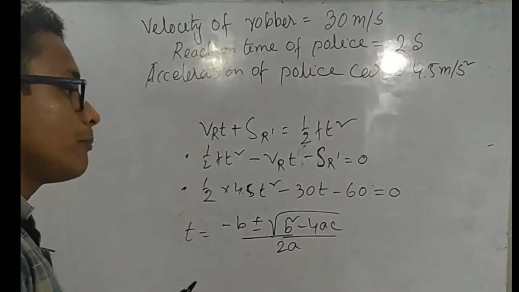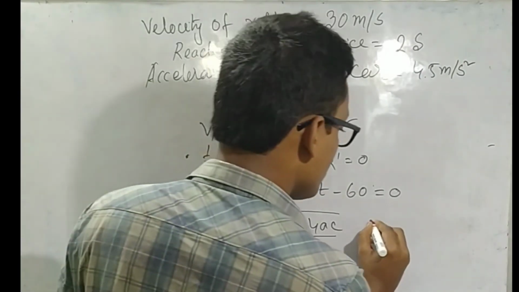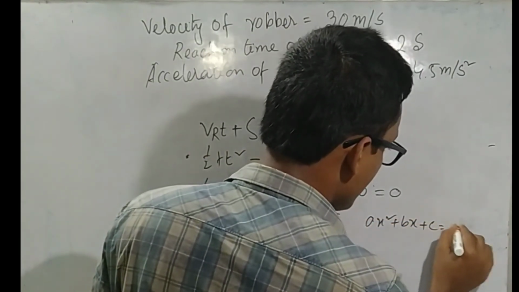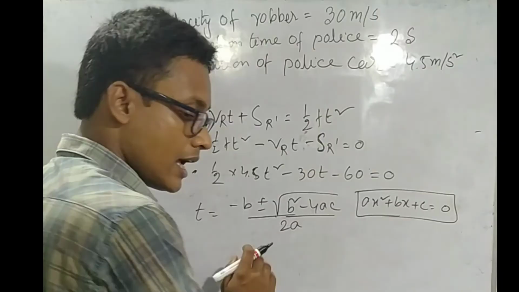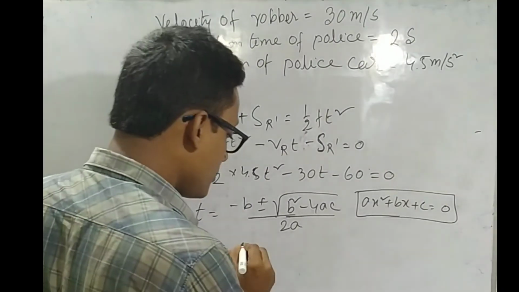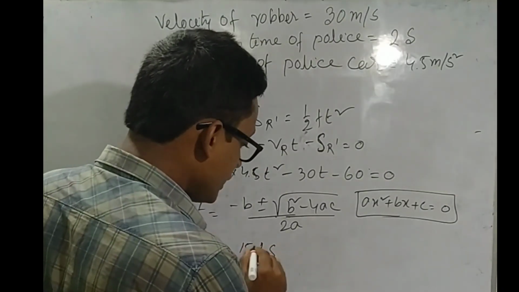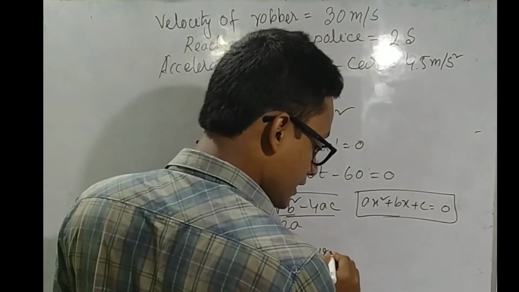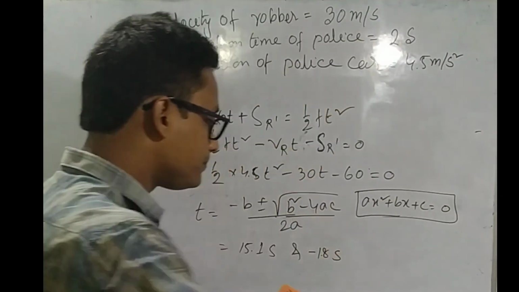That is, we are comparing this equation with ax squared plus bx plus c is equal to 0. And finally calculating, we can find the two values of t, that is 15.1 seconds and minus 1.8 seconds.